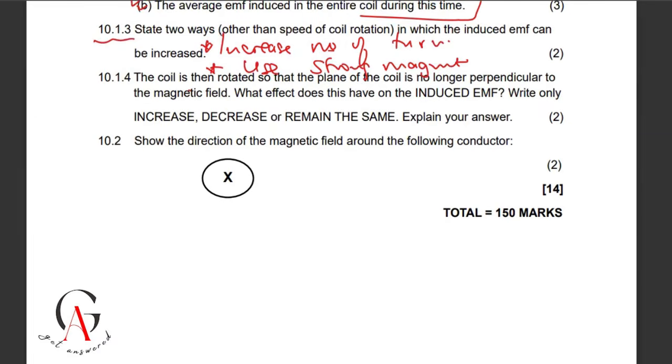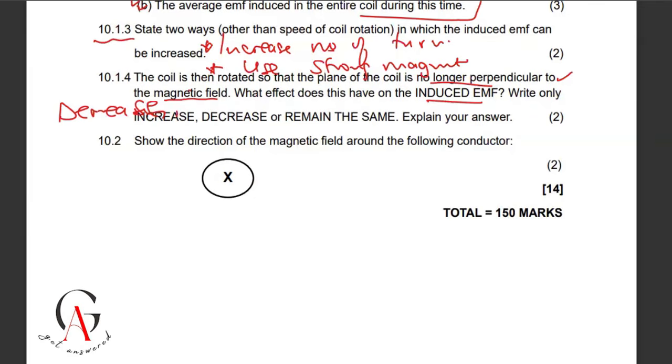Then 10.0.4, the coil is rotated so that the plane is no longer perpendicular to the magnetic field. What effect does this have on the induced EMF? Increase, decrease, and so on. So if it's no longer perpendicular, then definitely the induced EMF is going to decrease. And what will be the explanation?